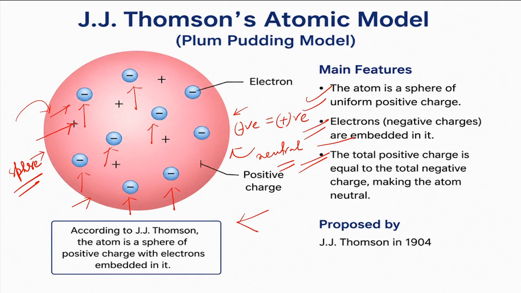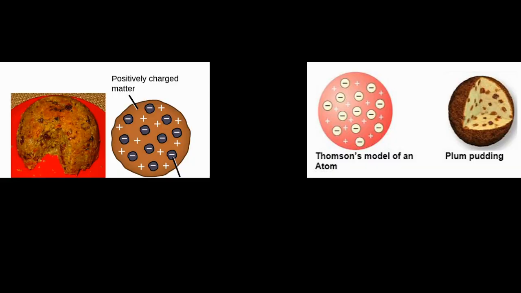J.J. Thomson compared his atomic model with plum pudding or pudding raisin. Inside the plum pudding, you can see the raisins are placed just like the electrons in J.J. Thomson's atomic model. In J.J. Thomson's atomic model, the electrons take some fixed positions. You can see the electrons are taking some fixed positions here. The positions of electrons are fixed.